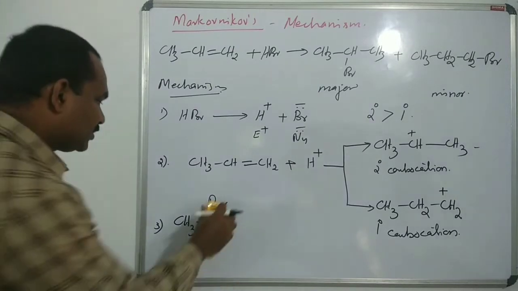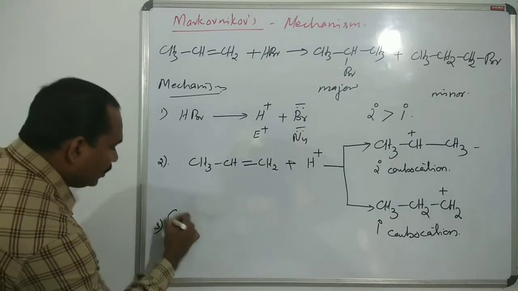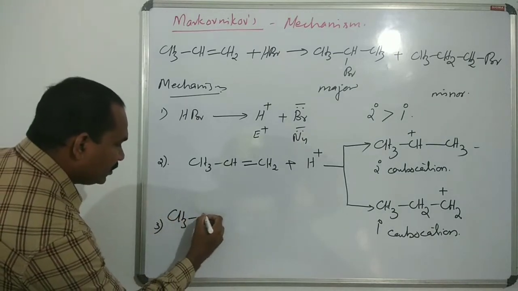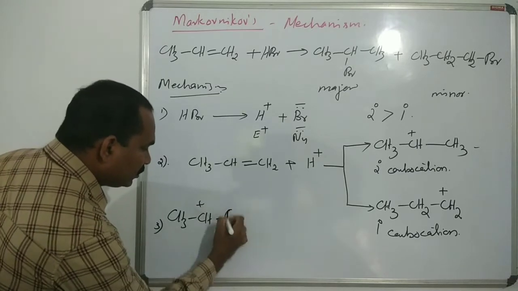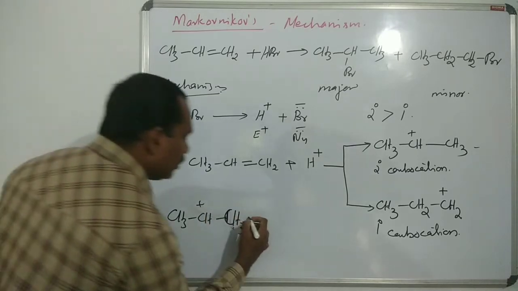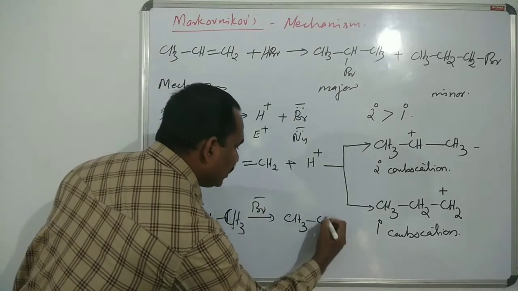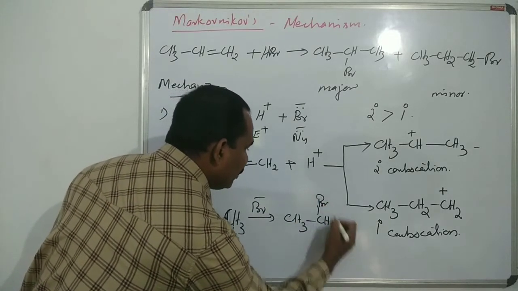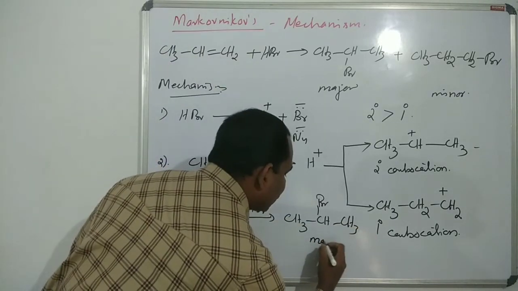I will write the step. CH3CH+CH3 plus Br-, we get CH3CHBrCH3 as a major product.